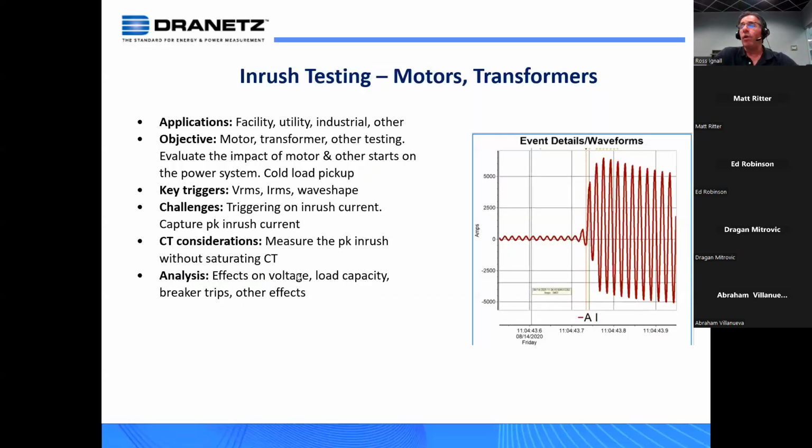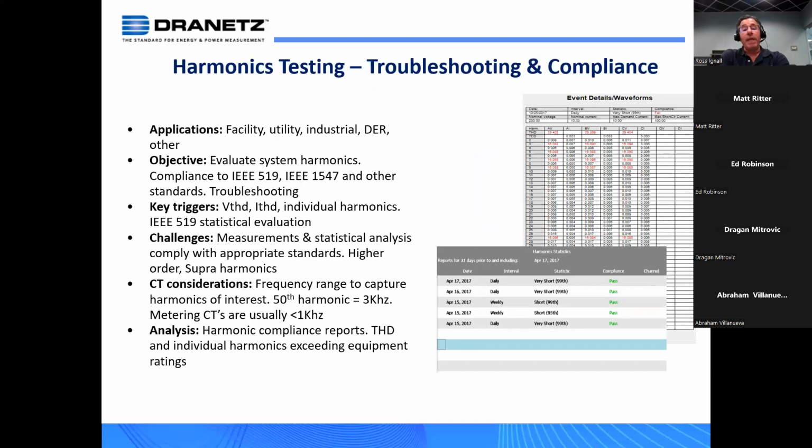So when we talk about harmonic testing, it's complicated statistically in what you do and how you do it, but the setup of the instruments, at least the HDPQ family, is really basic. You are looking at a facility, a utility, whatever is appropriate for you: industrial, DER (distributed energy resource) applications, maybe a solar farm.